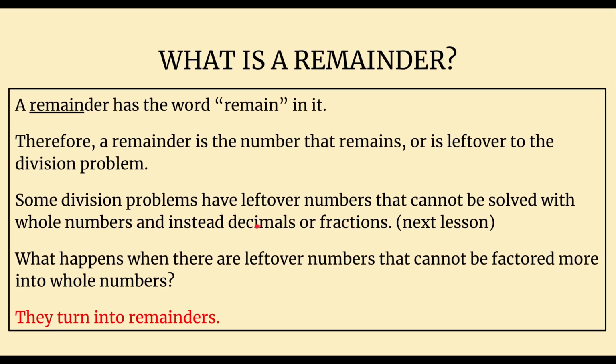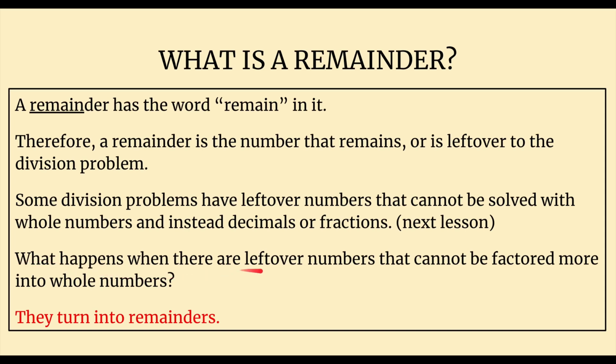Next lesson we're going to learn how to actually solve it with decimals, which is the most accurate that it gets, but for now we're going to keep it as a remainder just to grasp the concept of it. Some division problems don't end in 0, and there's basically nothing you could do about it except to convert it into a decimal or a remainder. So that's what we're learning.